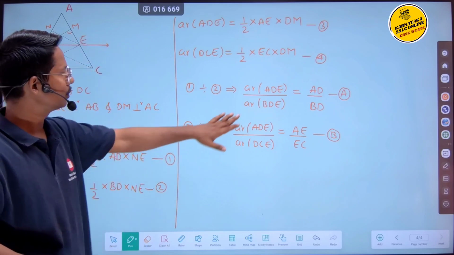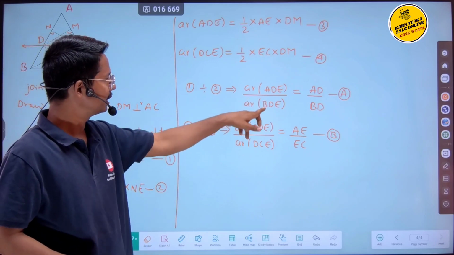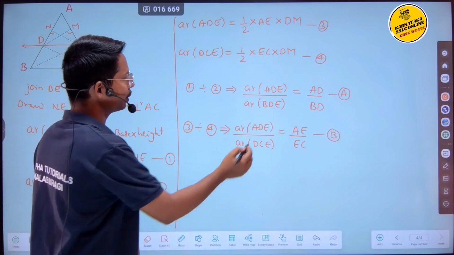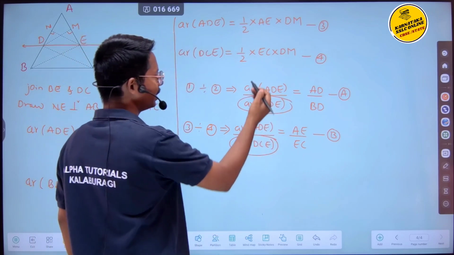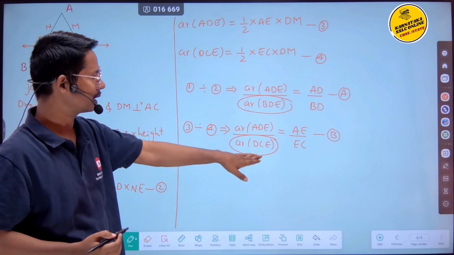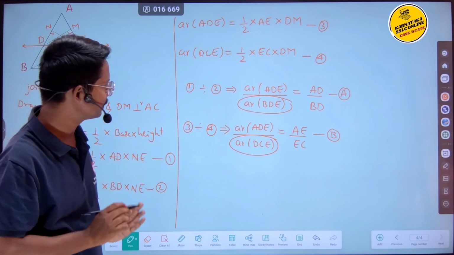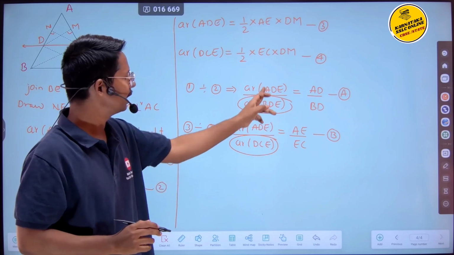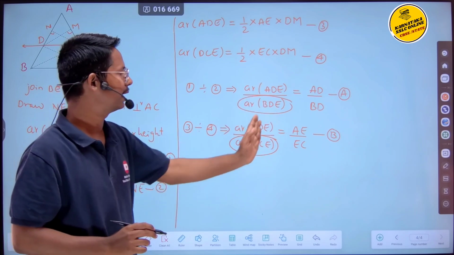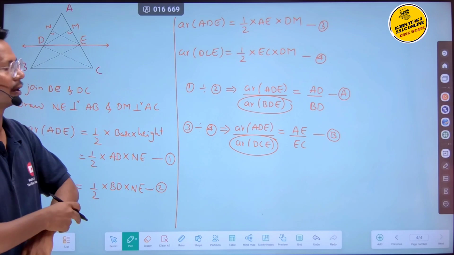The numerator is the same, but the denominator parts are different. If the denominator parts are the same, then I can say the LHS parts are also going to be equal. Suppose I say area of BDE is the same as area of DCE, then I can say LHS parts are equal and hence RHS parts are also equal.